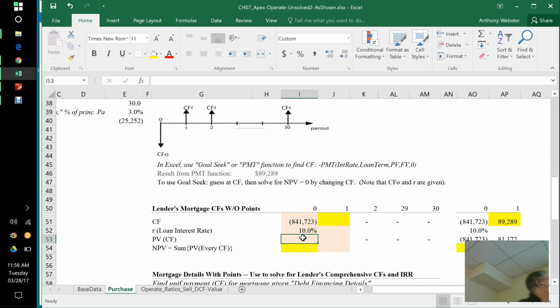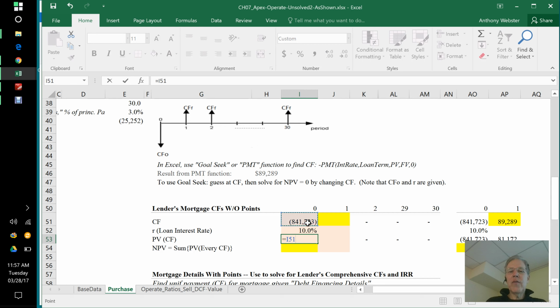Okay, I'm going to need to figure this out. As always, I'm going to need the present value of every cash flow using that 10%. So what's the present value of that 842,000?